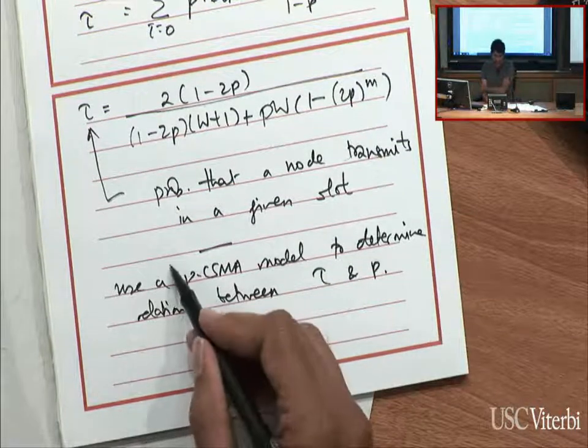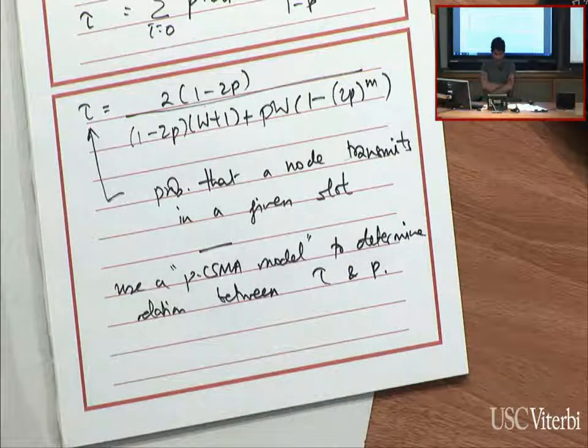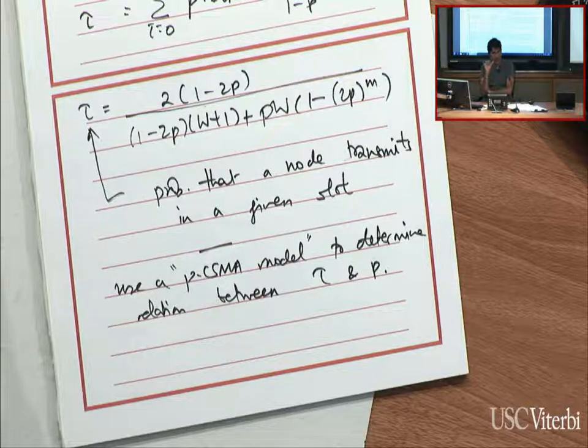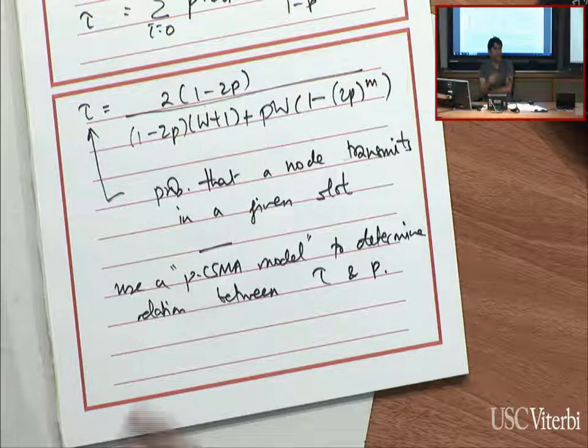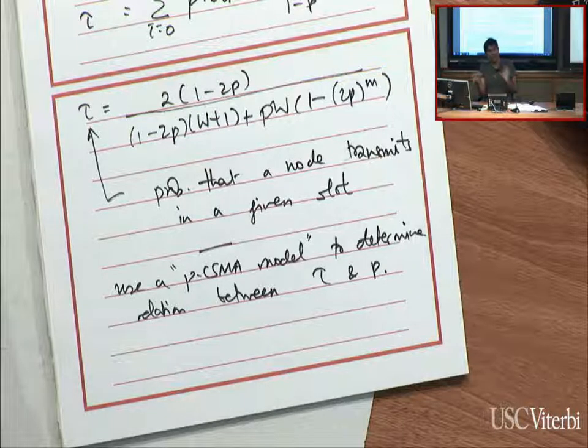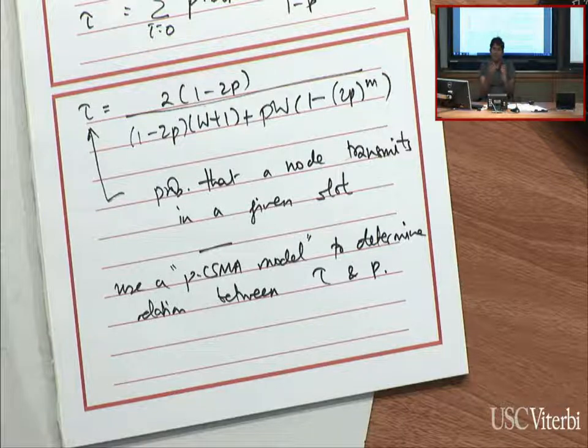So what I mean by a PCSMA model is that we've taken the 802.11 CSMA, which has these uniform windows from which we're drawing the back-off counter, counting down, and then sending. But we're taking that process, that random process, which is a Markov chain, and we're saying we'll take all of that and we'll look at the steady-state probabilities. And we'll pretend that what this node is doing is that every time slot with this probability it's going to try to transmit. Okay? It's like we're taking an 802.11 device and we're pretending it's a PCSMA device.